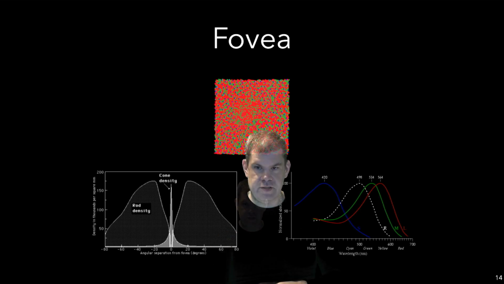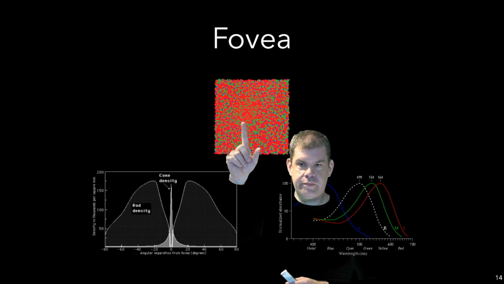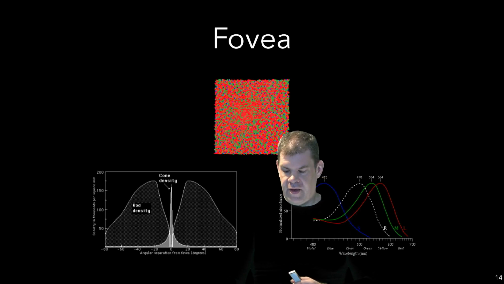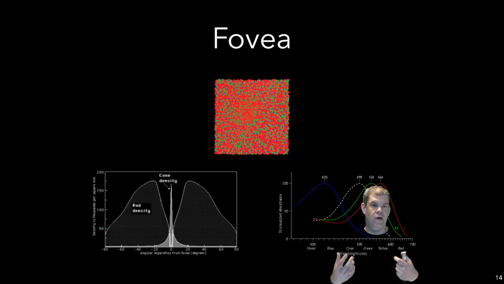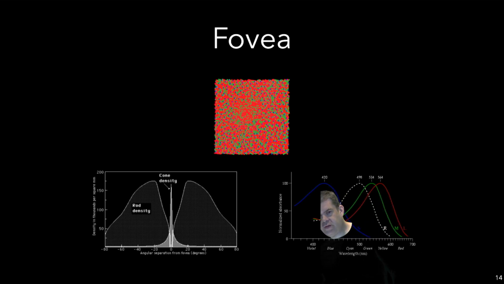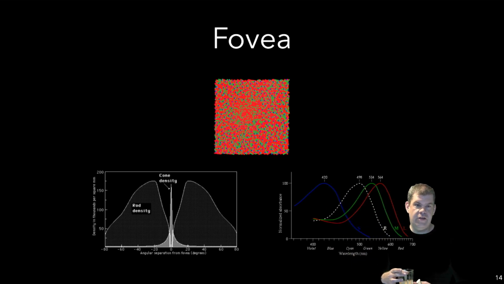So there's the center area here, and that one has almost no blue dots in it, so it has almost no short wavelength detectors, which is an important thing to know when you design, for instance, graphics or visualization.